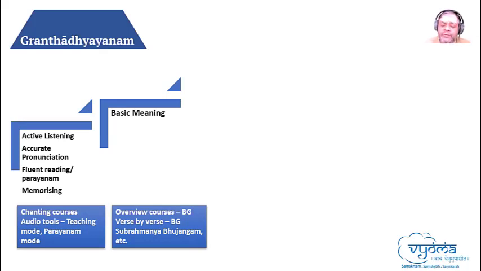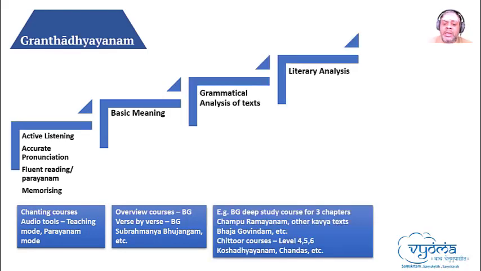Probably this part of the Grantha Adhyanam can be done in parallel with Bhasha Adhyanam because you get familiarity with the Grantha. But the basic meaning and grammatical analysis will be very useful if done after the grammar understanding in Bhasha Adhyanam. That is the basic meaning of the text and the grammatical analysis.